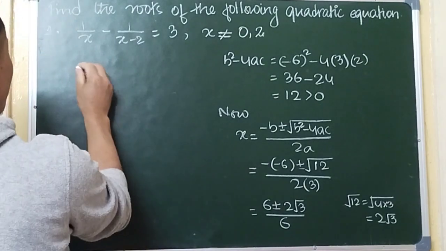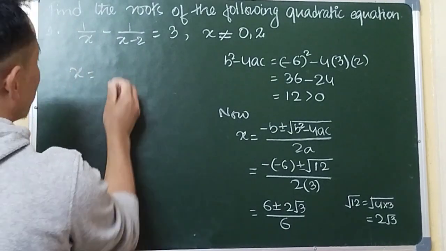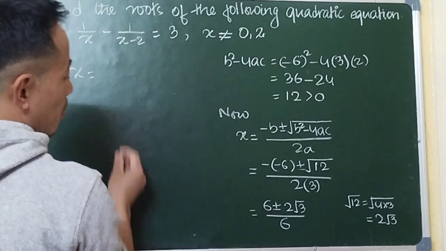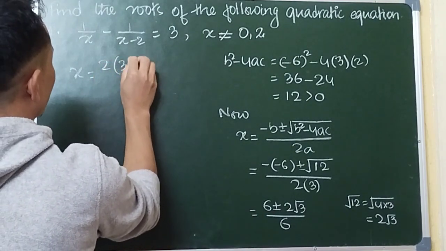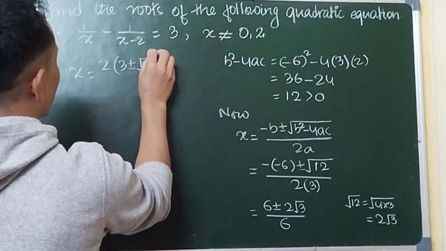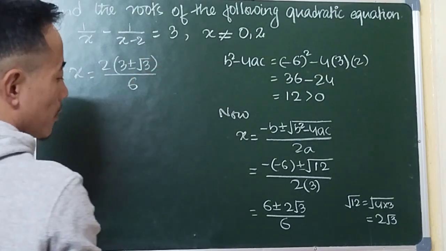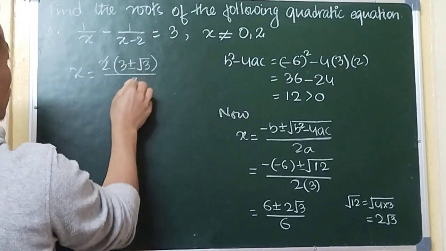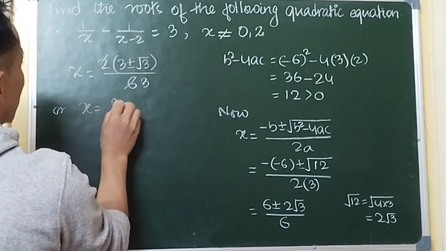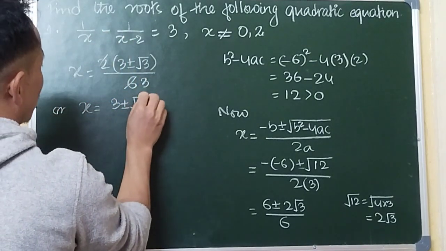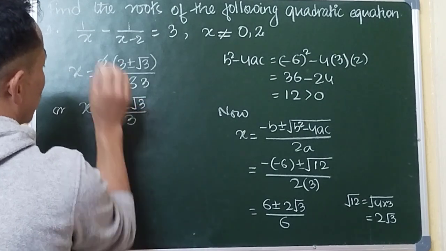Simplify this further, you will get x equals, so we can take 2 common outside, then this becomes 3 plus minus root 3 divided by 6. So 2 one time, 2 three times, or you can write x equals 3 plus minus root 3 divided by 3.